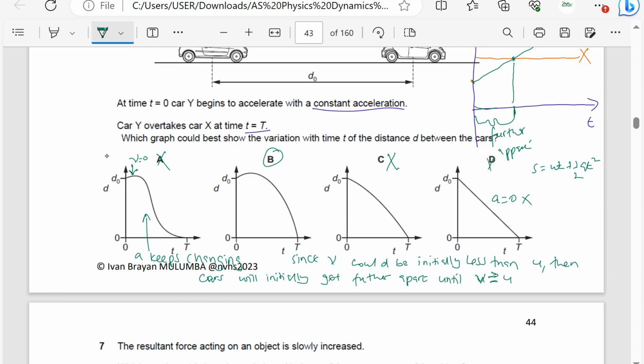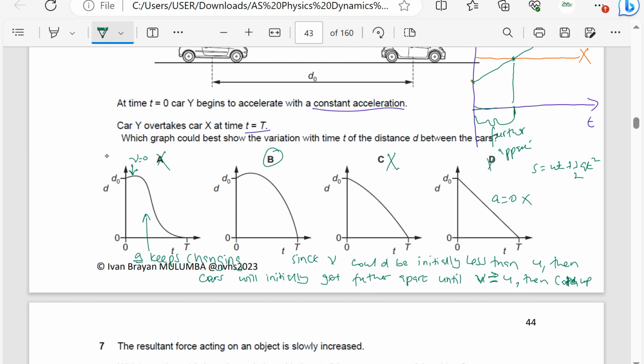Okay, so until the velocity for y is greater than or equal to u, then they catch up. Then catch up happens. Okay, so that means the answer is going to be B.